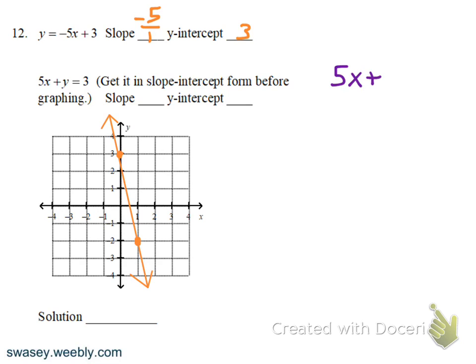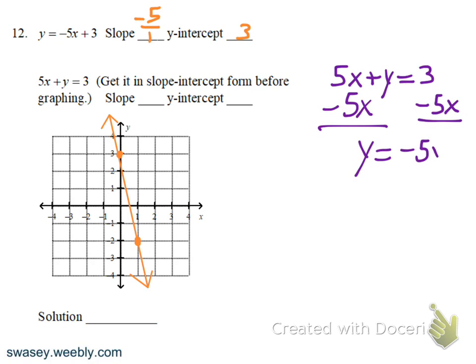Now for this one, we don't have it in slope intercept, but it's pretty easy to get rid of the x term, move it over, so we got y equals negative 5x plus 3. Those are not like terms, you can't combine them. So now our slope is negative 5 over 1, y-intercept's 3, so plot a point at 3, go down 5 to the right 1, and hopefully you see that these are coinciding lines.